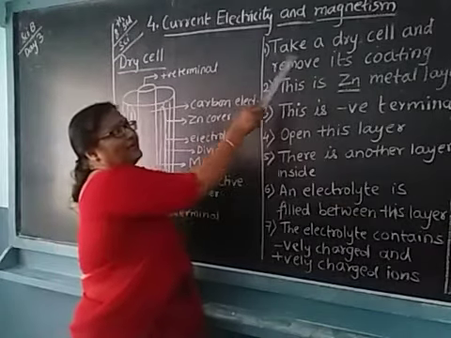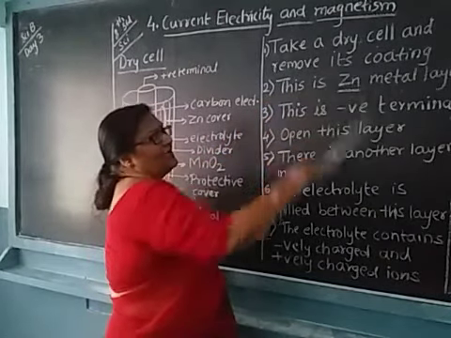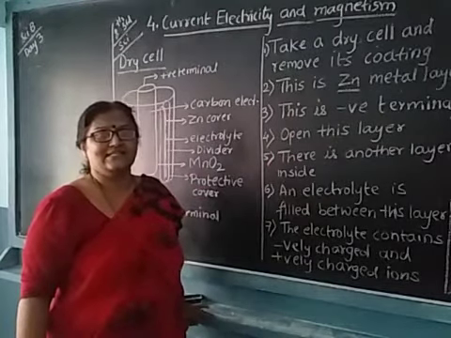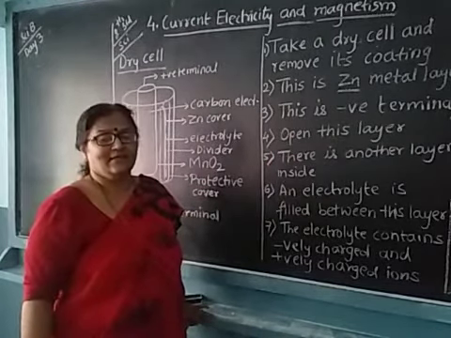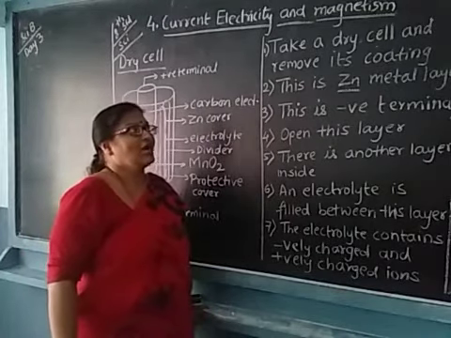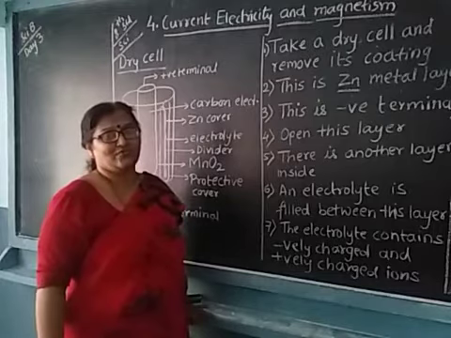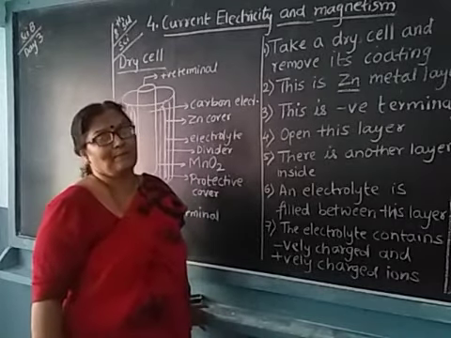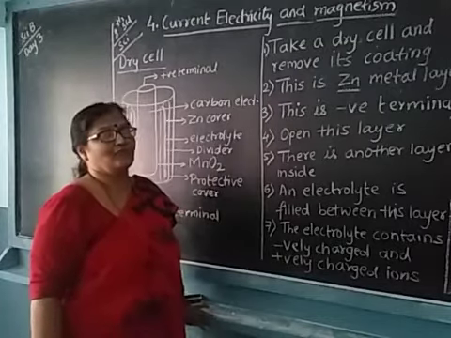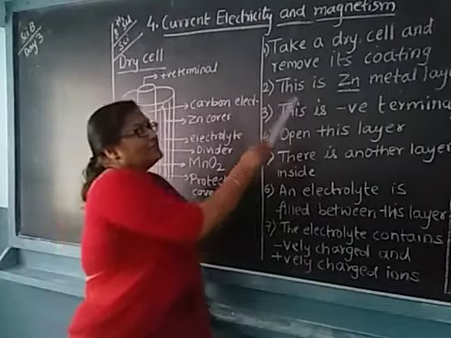You have to take a dry cell and remove the coating. You know that dry cells are available in the market, and you have to bring one and remove its coating. There is a particular wrapper around this cell, and that wrapper you have to remove.